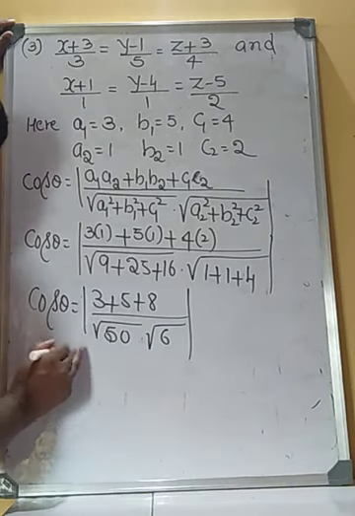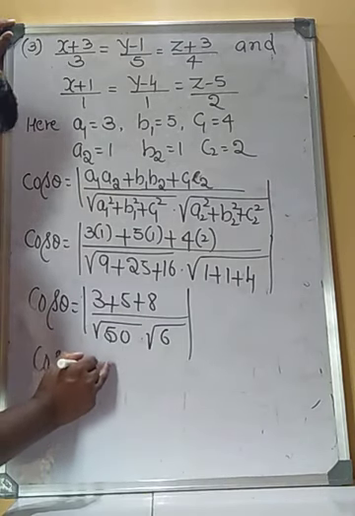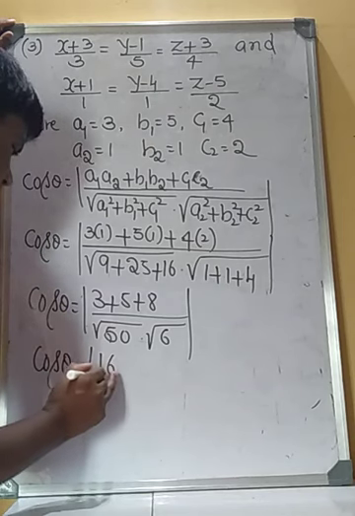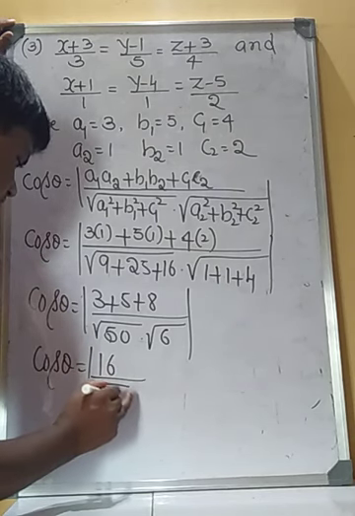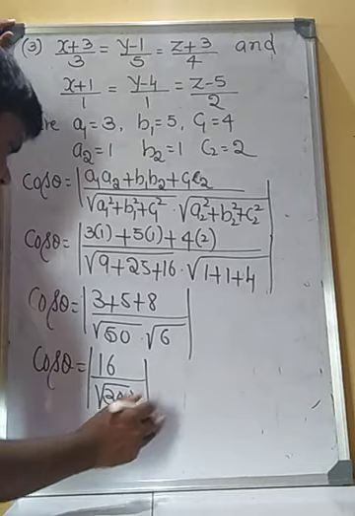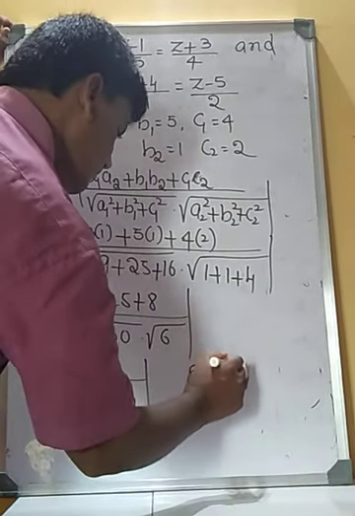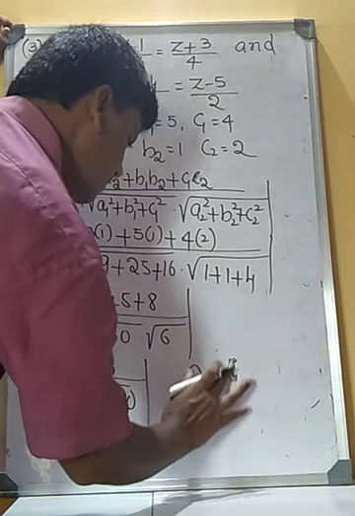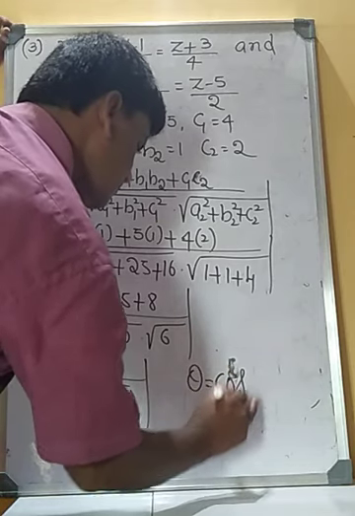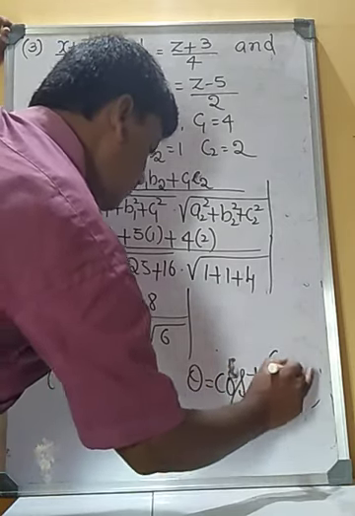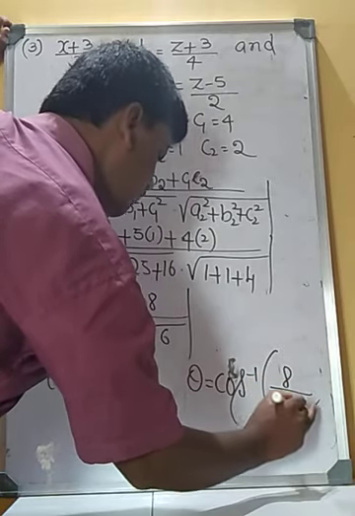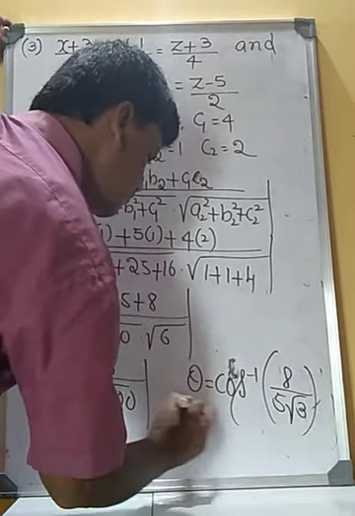Therefore cos theta is equal to magnitude of 16 by square root of 300. Therefore theta is equal to cos inverse of 8 by 5 root 3.